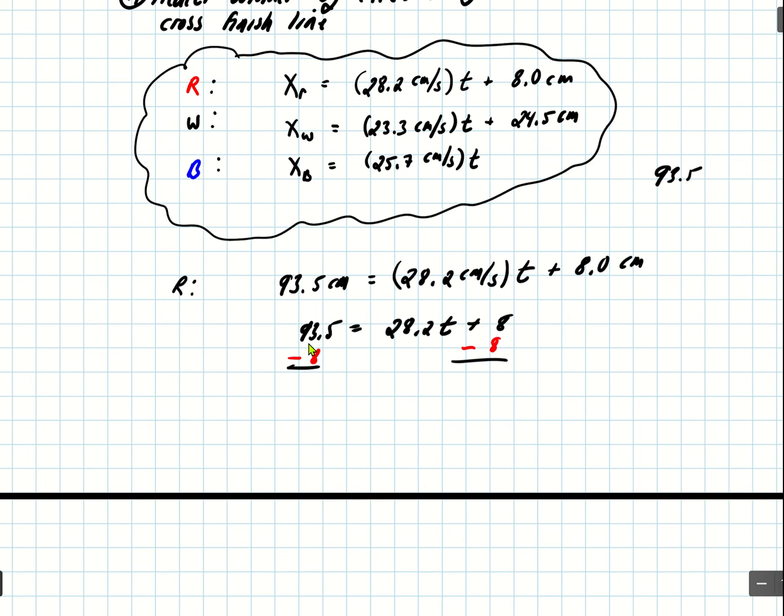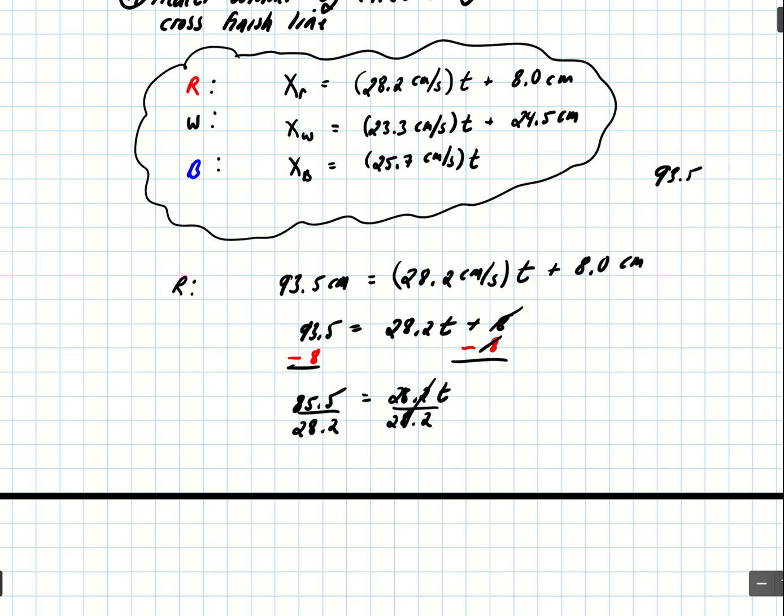All right, so what's 93.5 minus 8? Do I need a calculator? Oh my goodness, 85.5, I think. I'm trying to make this fairly quick so you don't have to, but I think 85.5. Okay, and then this one's easy. That goes away. And now it's 28.2 t. I definitely need a calculator for this because now I need to divide both sides by 28.2.